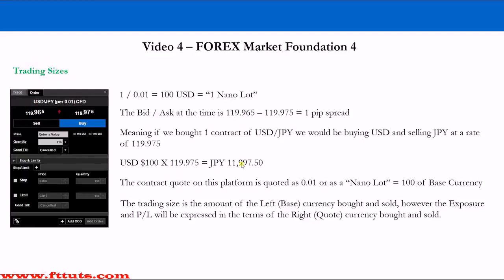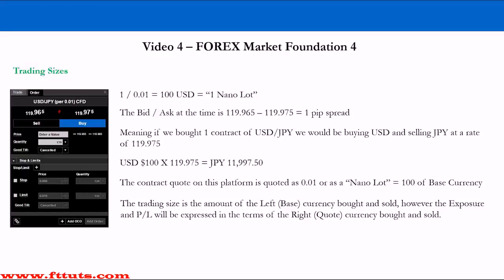And the exposure and P&L, as in the previous example, is going to be worked out on the right-hand side currency. The contract quote on the platform is quoted as 0.01 or as a nano lot, and this equals 100 of the base currency.